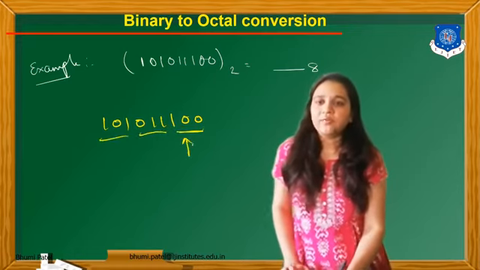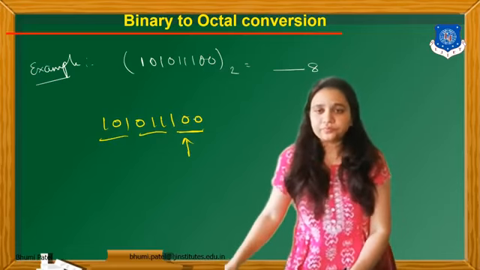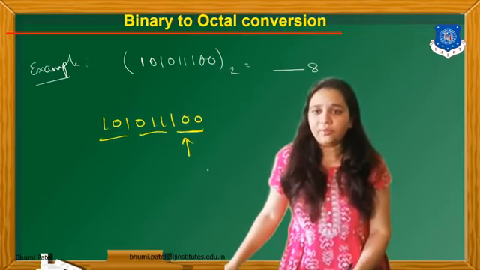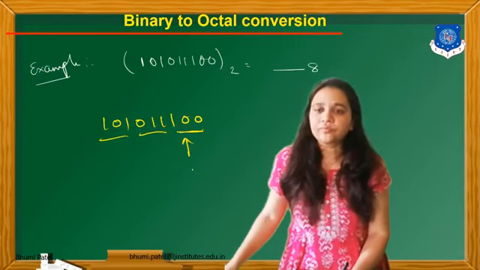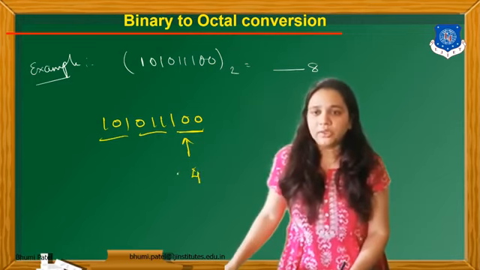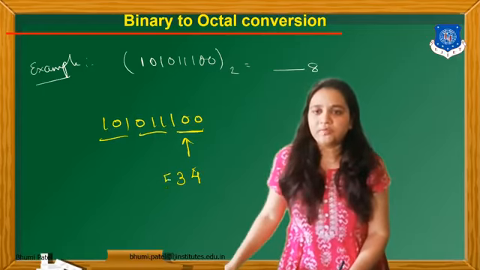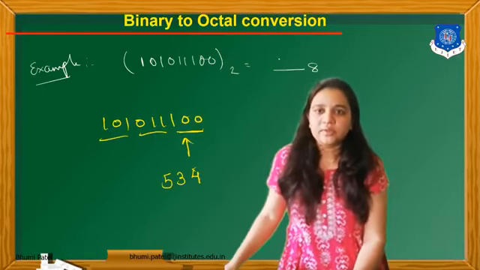Now what is the conversion? 4 2 1 gives 5, 0 1 1 gives 3, and 1 0 0 gives 4. So this conversion is 534.